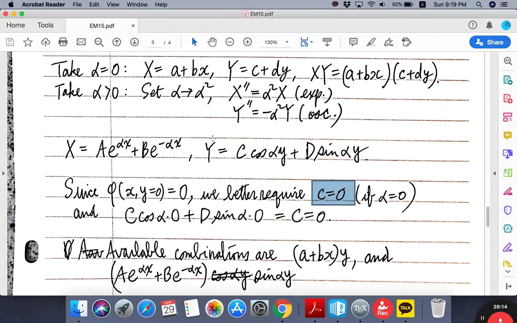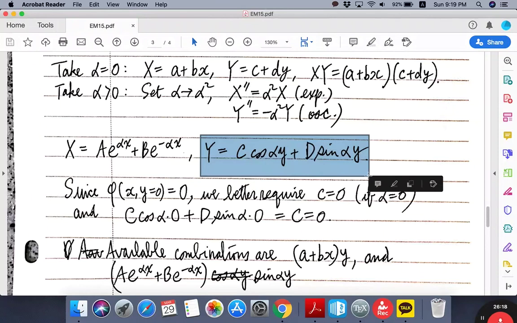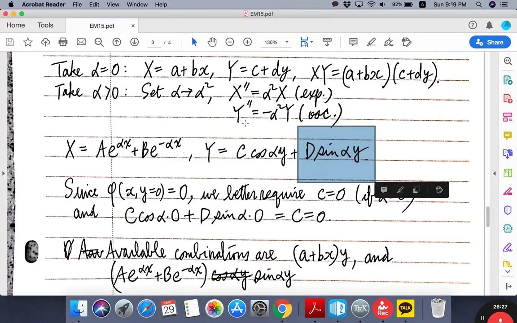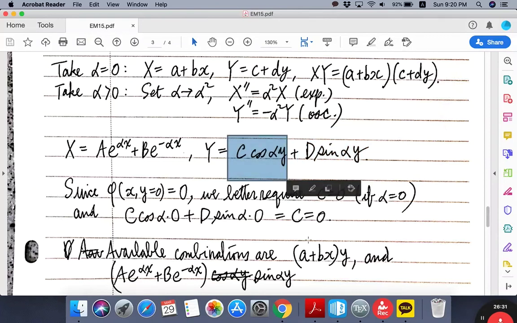And similarly, for this function, assuming that alpha is not equal to 0, if we take y equal to 0, then this sine part automatically vanishes. However, the cosine part does not automatically vanish. And what's left is this big constant, capital C, which better be equal to 0. Otherwise, we will not be able to satisfy the boundary condition.